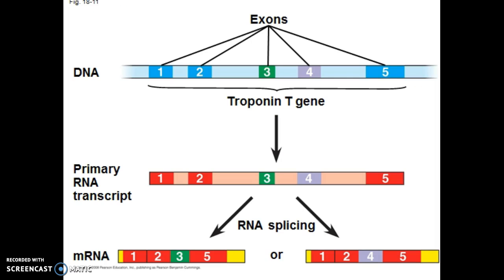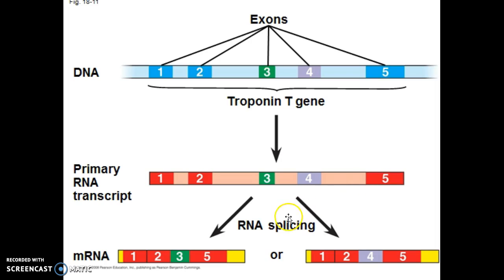Here we see an example of alternative RNA splicing using the troponin T gene, and we can see that there are different available exons numbered 1 through 5, and that will result in the primary transcript, the mRNA or pre-mRNA, that includes all those.